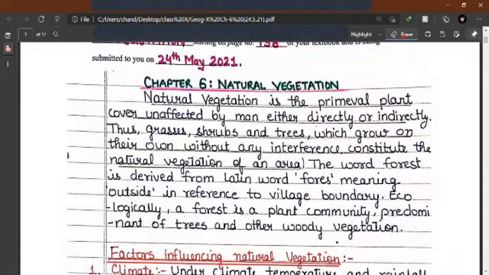Natural vegetation is the primal plant cover unaffected by man, either directly or indirectly.